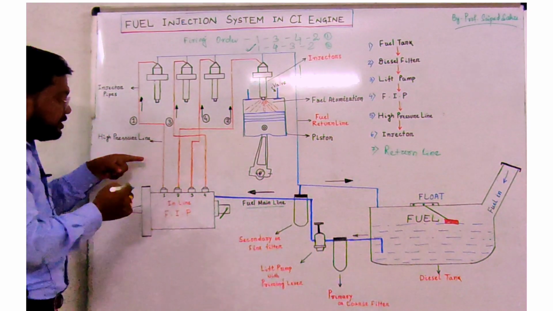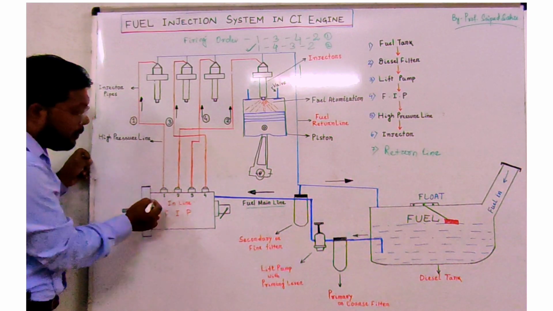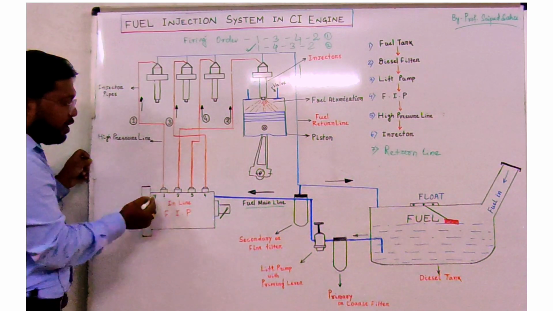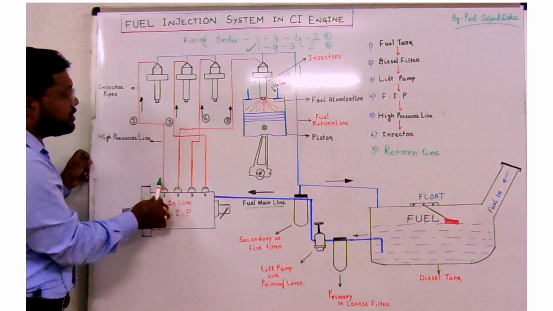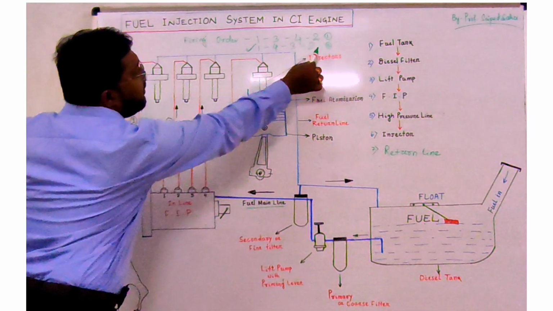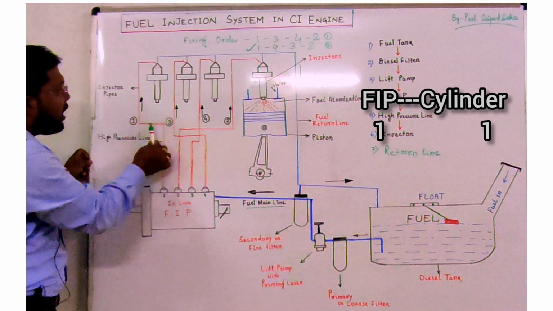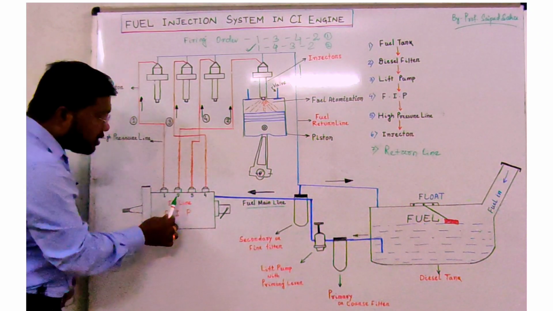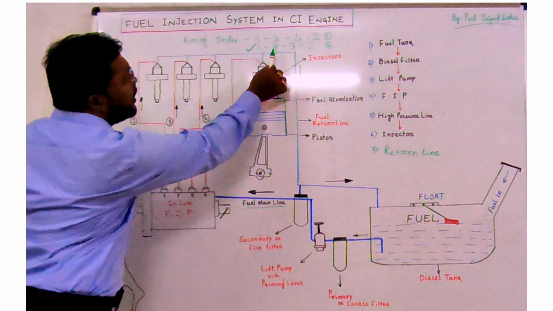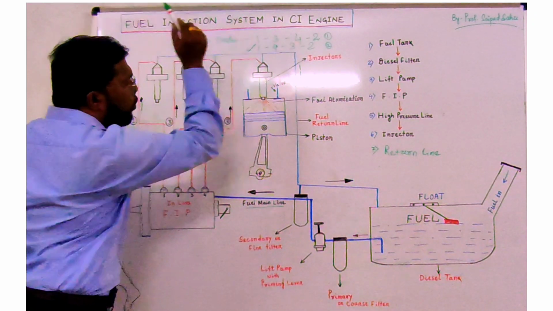Now you can see, mark that in this fuel pump, the first passage, where is it connected? According to the firing order, it should be connected to the cylinder number 1 injector. The second passage should be connected to cylinder number 4.